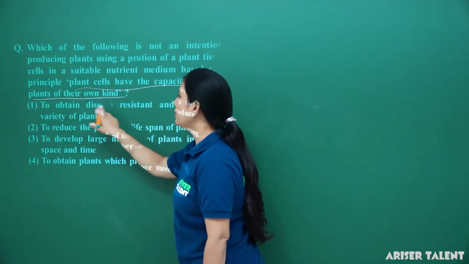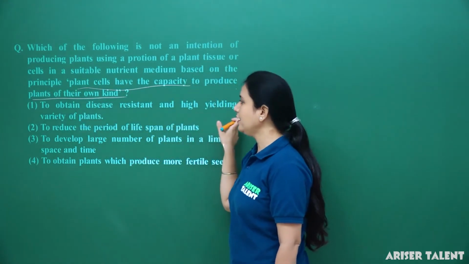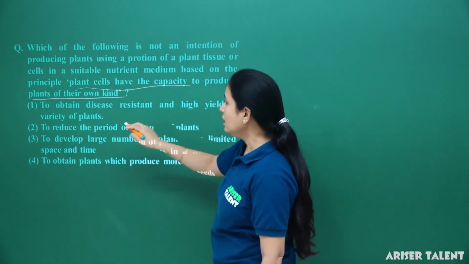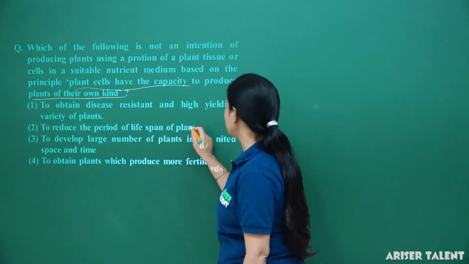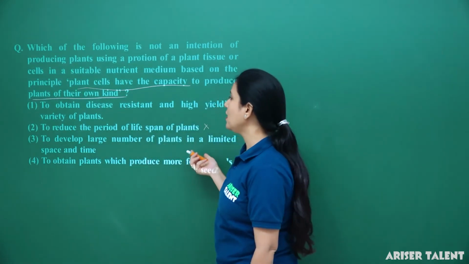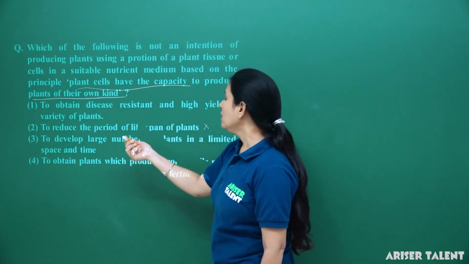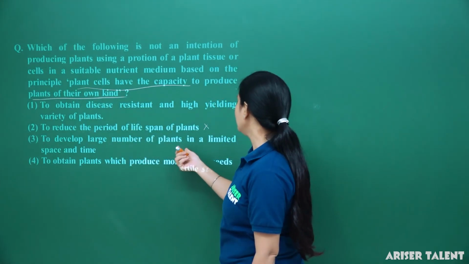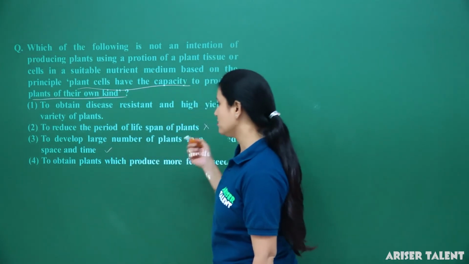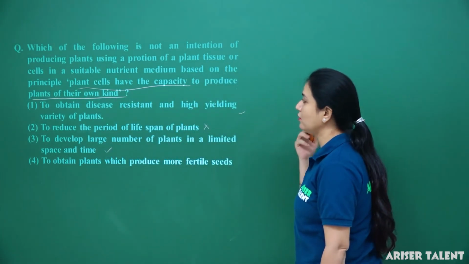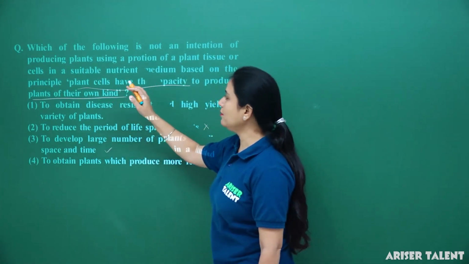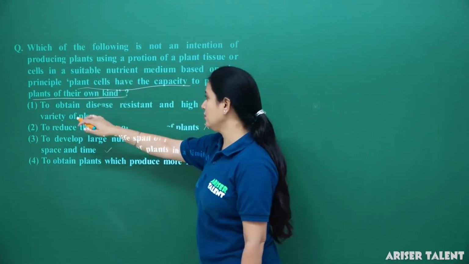To obtain disease resistant and high yielding varieties of plants, yes, it can be. To reduce the period of lifespan of plants, no, nobody wants to reduce the lifespan of plants. To develop a large number of plants in a limited space and time, yes, if we are growing new plants from the original plant cell.